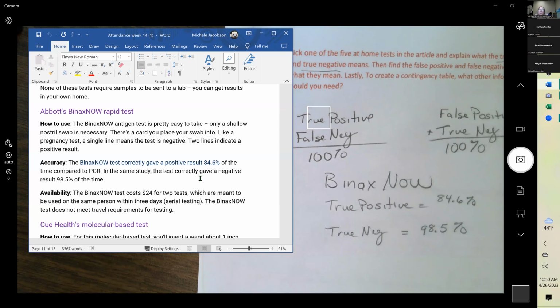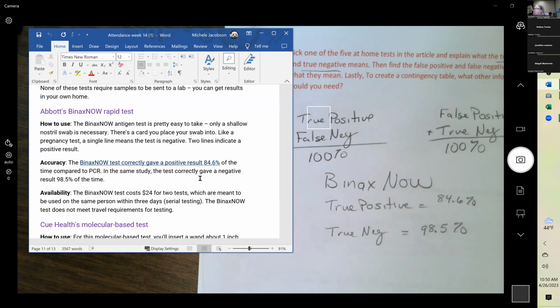What does the true positive mean? That they take the test and it's positive and they actually have COVID. So of those who go in to take the test and have COVID, 84.6% of them will find out by the test.